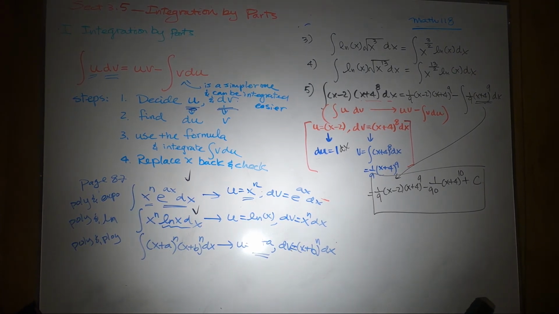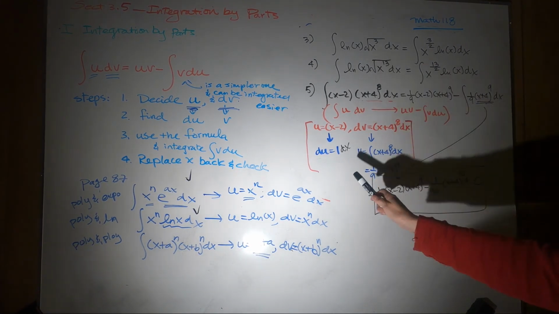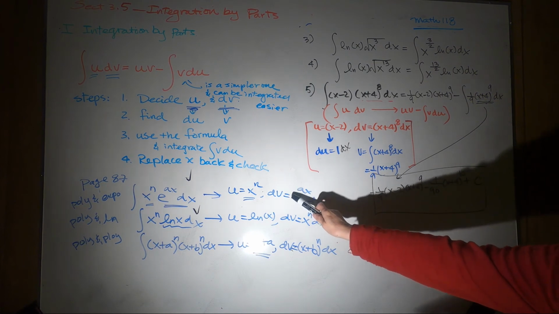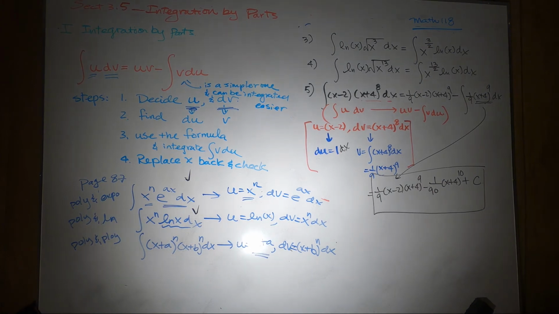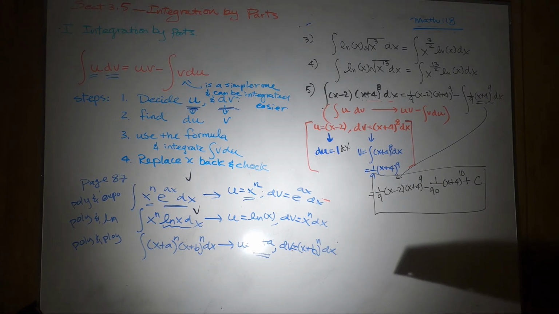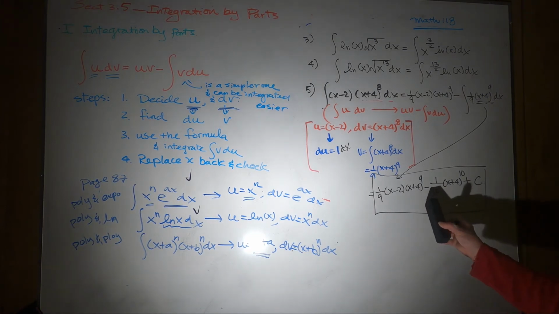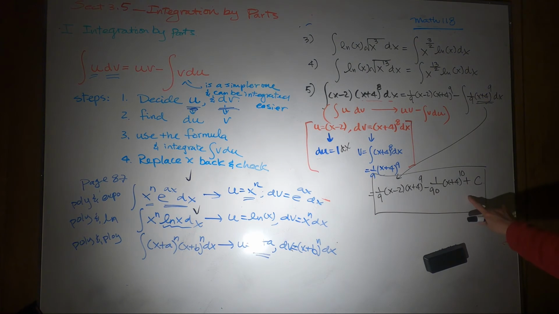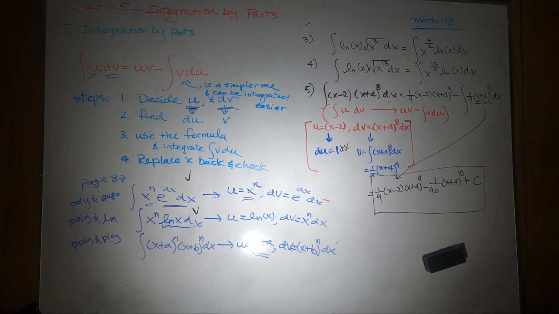So we are using the formula. Then we did different kinds. You can also check: you take a derivative of this, and you will end up with the same thing as that.